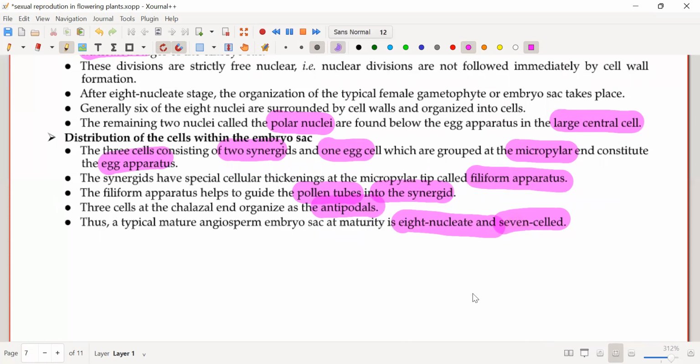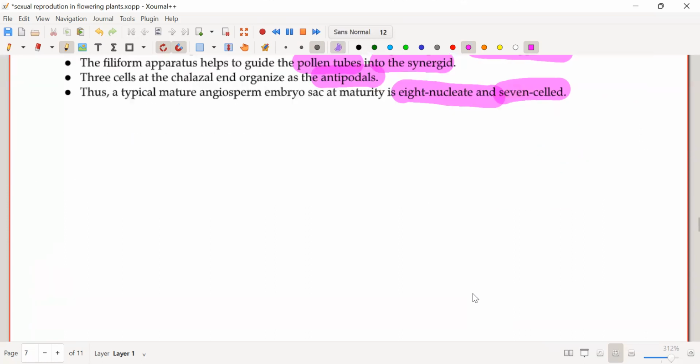We'll move into the second topic. All right, Ma, we are moving to the next topic.